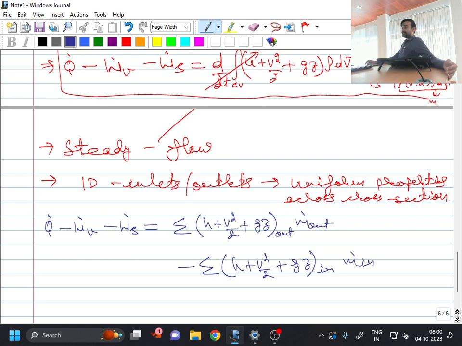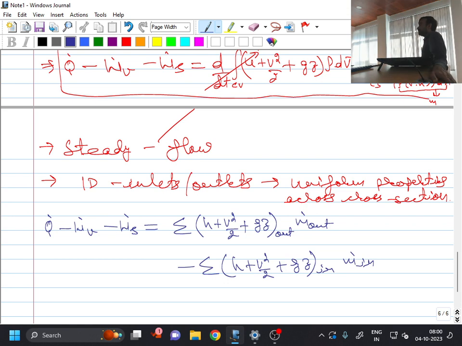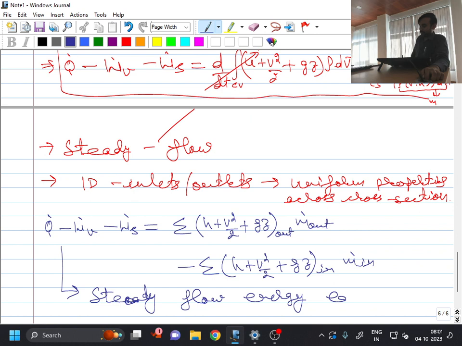And this equation is the one which you study in your subject of thermodynamics applied to an open system or a control volume. And I will be calling this equation the steady flow energy equation. Most famously it is known as the steady flow energy equation.